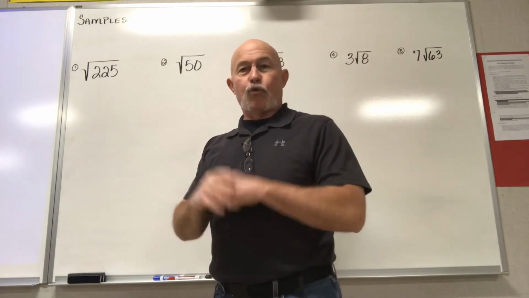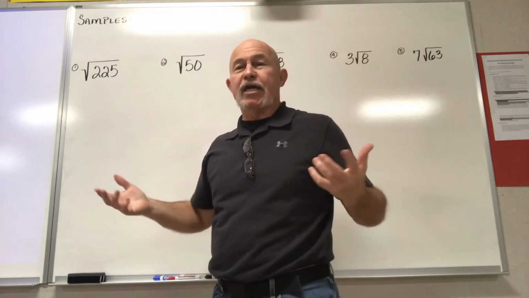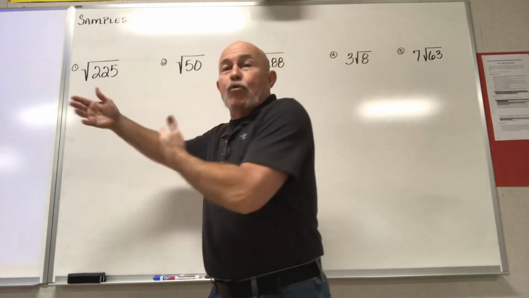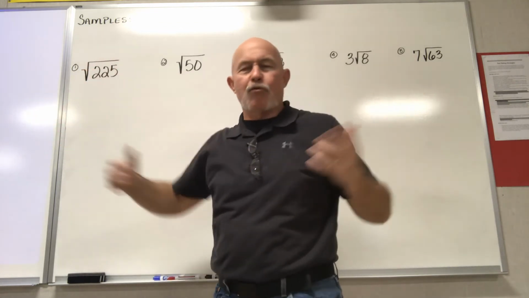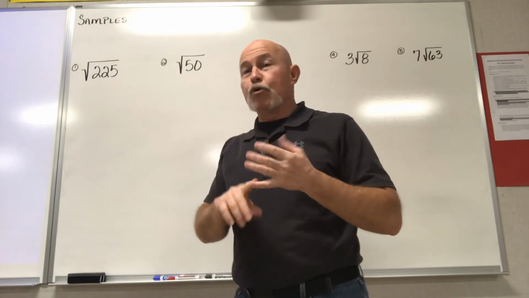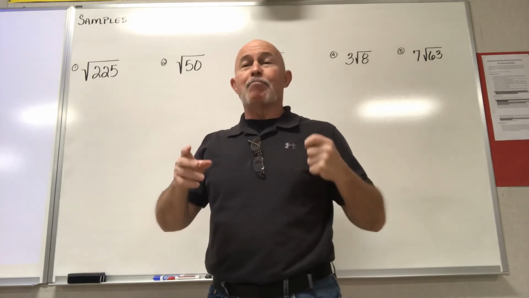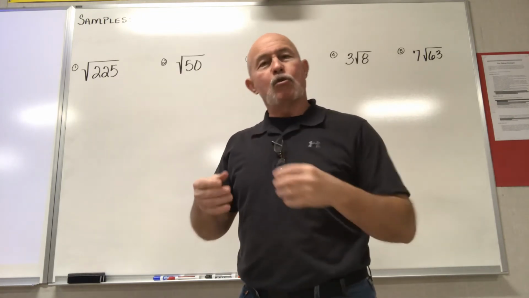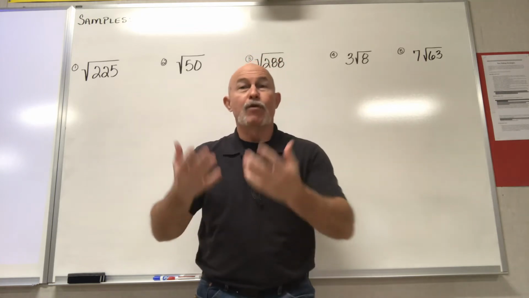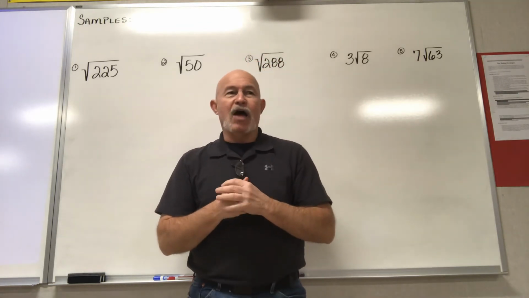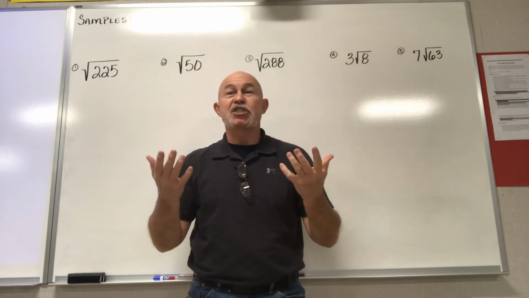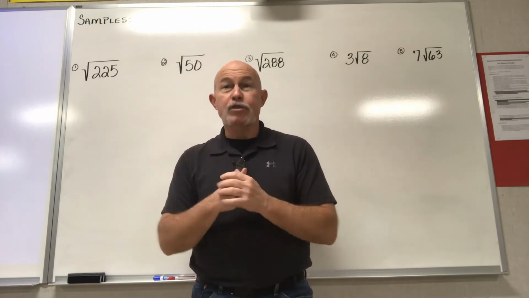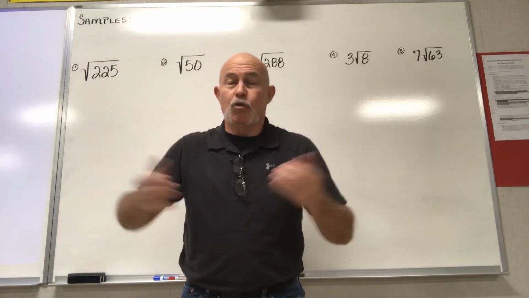Okay? When we take a square root, we are taking the square root of a number that's inside the square root sign. Pretty straightforward. A square root is a number that multiplied by itself. So when we're looking at factors, for example, if I look at the number 16, 4 times 4, which is the square root.